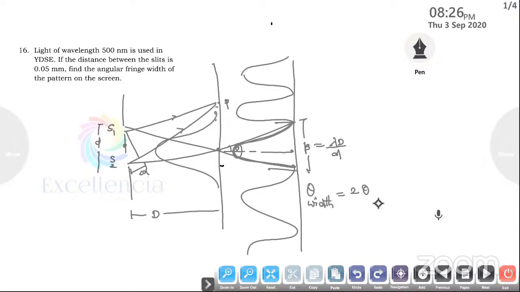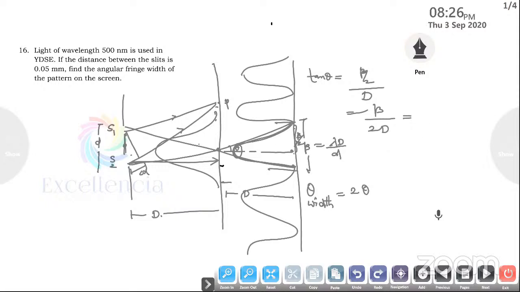For smaller angles, tan theta is beta by 2 divided by the screen distance D. Screen to slit separation is D. So we have beta divided by 2D.